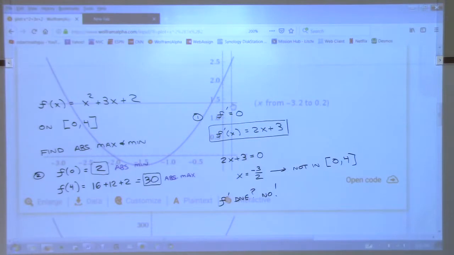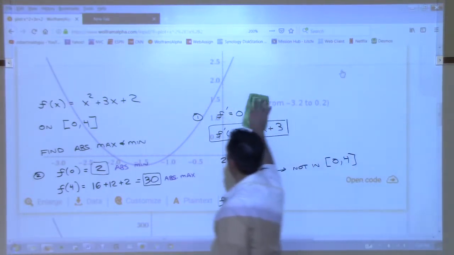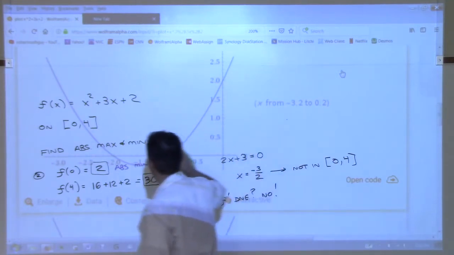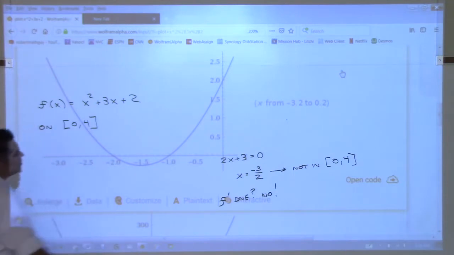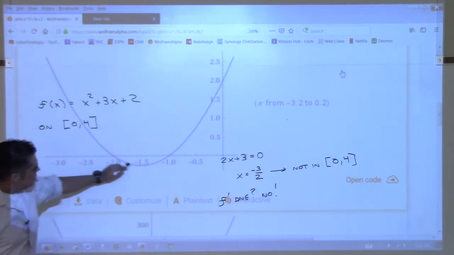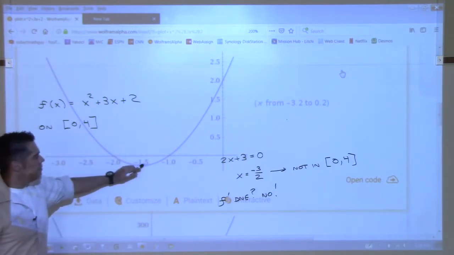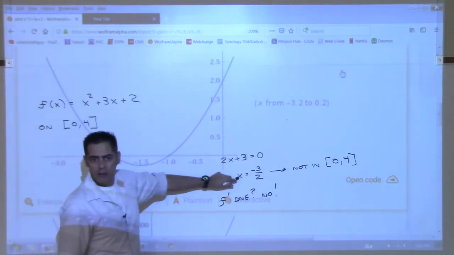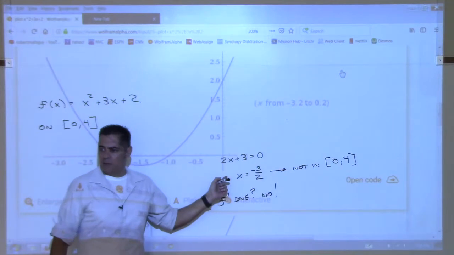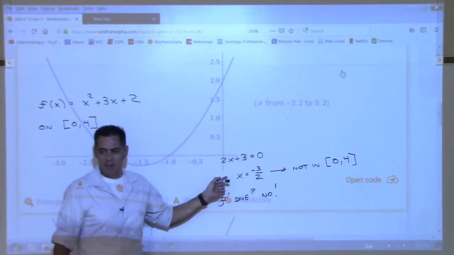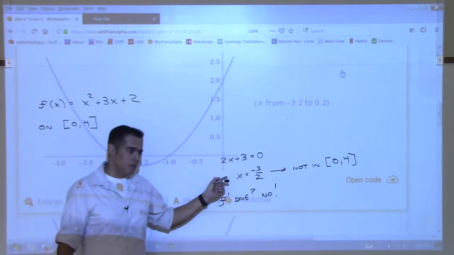Okay, so here's the graph of the function, and you can see that there is something interesting happening. Where's the lowest point on this graph? Where does it look like? About negative 1.5, right? So our calculus found where something interesting is happening, but it wasn't where we were looking, so we threw it out.